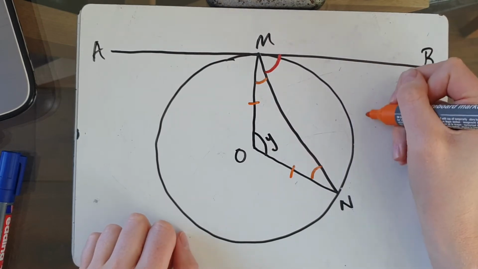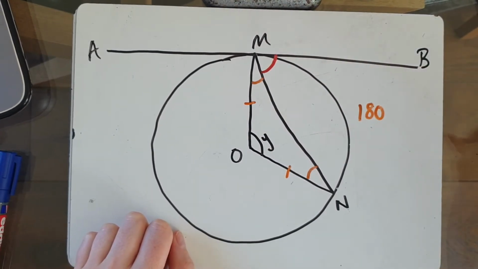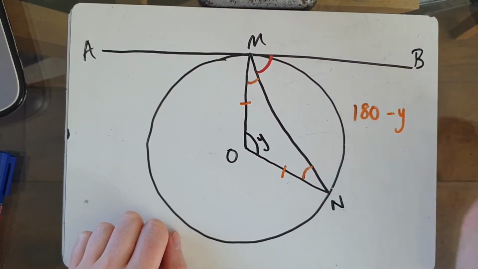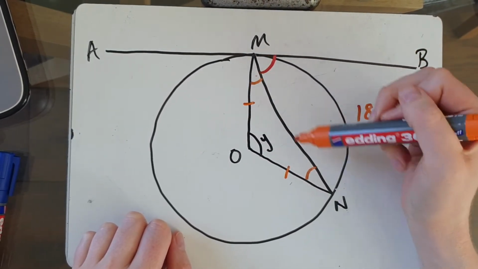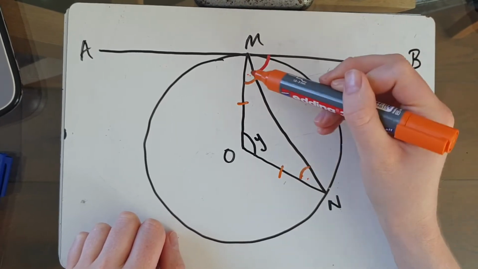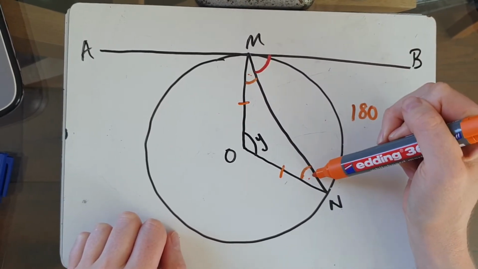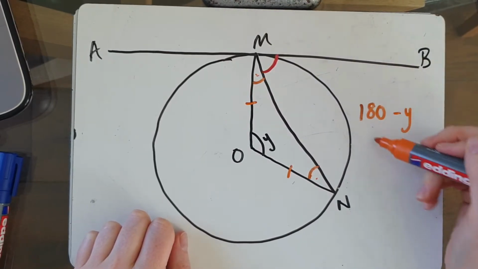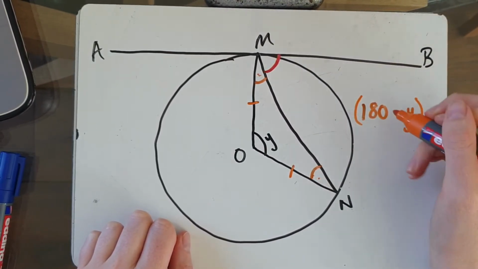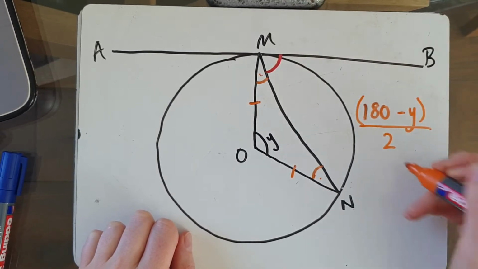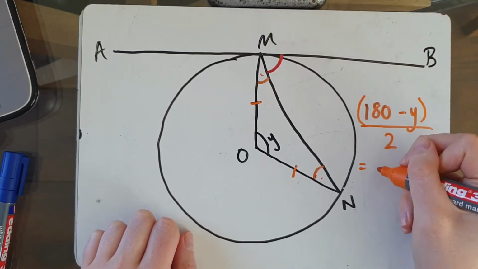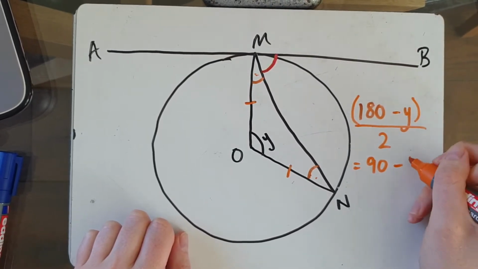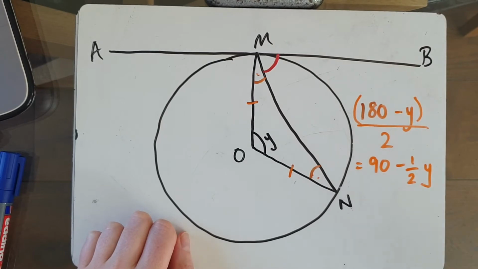Now, what is the size of those two angles? It's going to be 180 because that's angles in a triangle. We're going to subtract y. That would give us these two added together. Because these two are base angles of an isosceles triangle, they equal the same, so both of them are half of this. So we want this divided by 2. That's going to give us 180 divided by 2, 90, minus y over 2, so half of y.